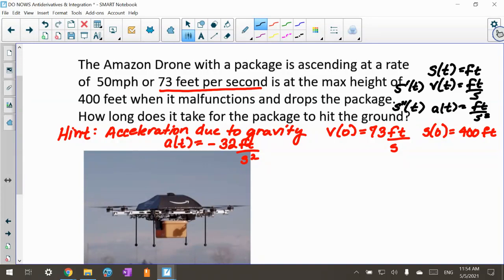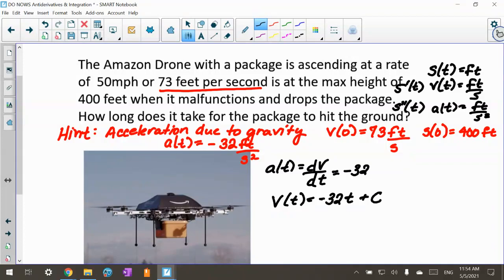Acceleration is the same as the derivative of velocity with respect to time, and I know that's negative 32 feet per second squared. So now let's find what velocity would be, v of t. This is the antiderivative. There's nothing else there, so I'm just going to put negative 32t, and then I have my constant c.